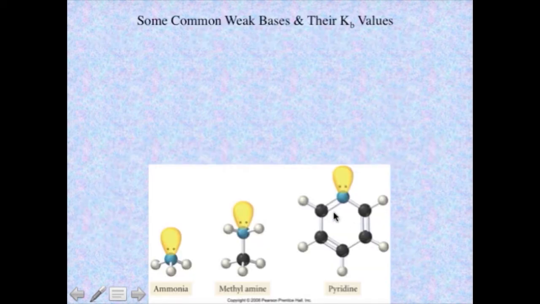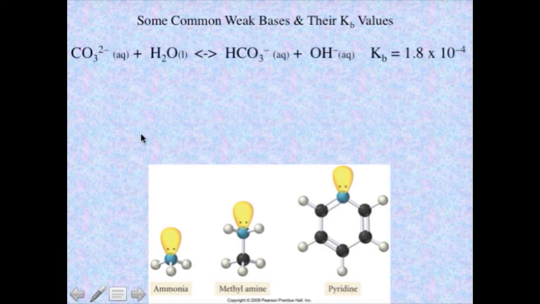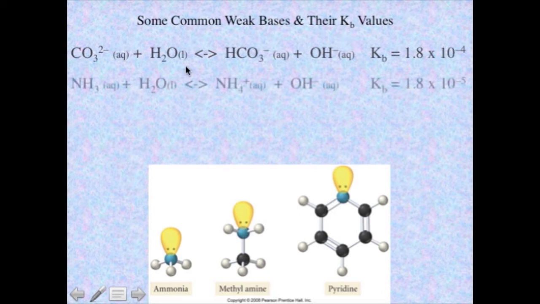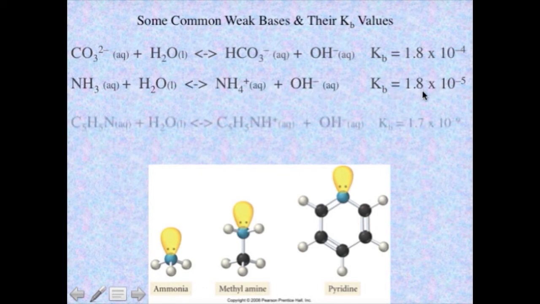So some common weak bases and their Kb values. Here's carbonate reacting with water to form the conjugate acid bicarbonate and hydroxide ion. The Kb for that is 1.8 times 10 to the minus 4. Or ammonia plus water forms the ammonium ion and the hydroxide ion. Kb for that is 1.8 times 10 to the minus 5.